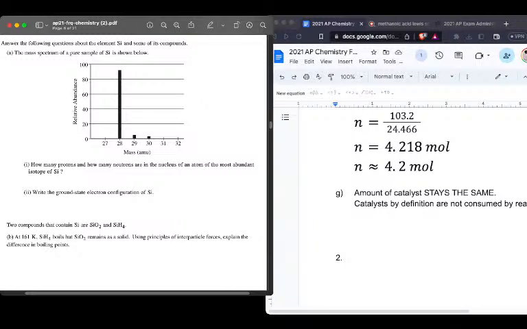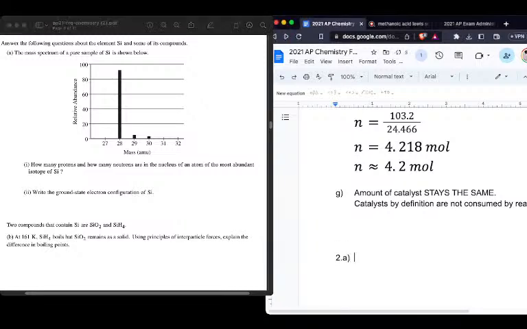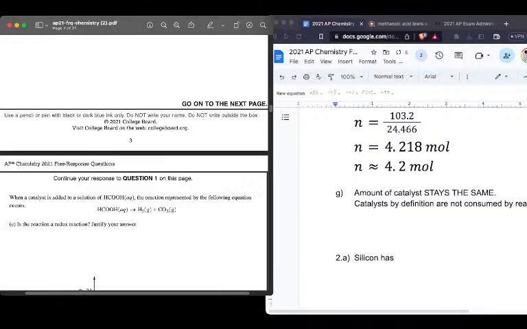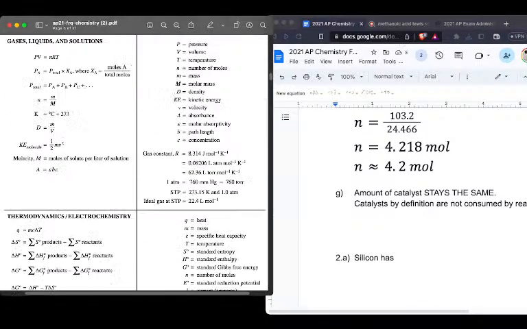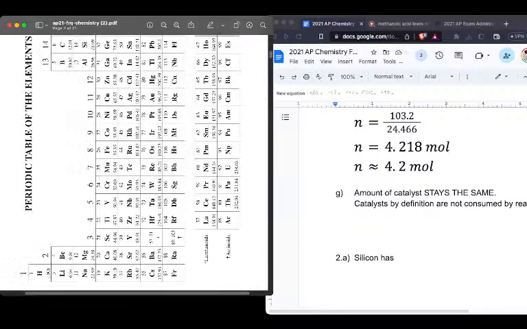The mass spectrum of a pure sample of Si is shown below. How many protons and how many neutrons are in the nucleus of the most abundant type of Si? Okay, so we took solid silicon. Some of it weighs 28, some of it weighs 29, some of it weighs 30. I don't know how many protons silicon has, but I know who does know, and it's this periodic table.